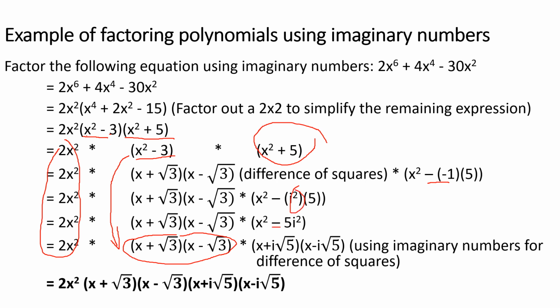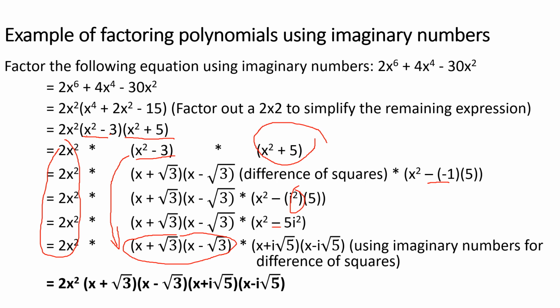So there's my minus here, and it's going to be x squared minus 5i squared. I've got a difference of squares, so to speak. If I take the square root of 5, it's going to be x plus i times square root of 5, and x minus i times square root of 5.